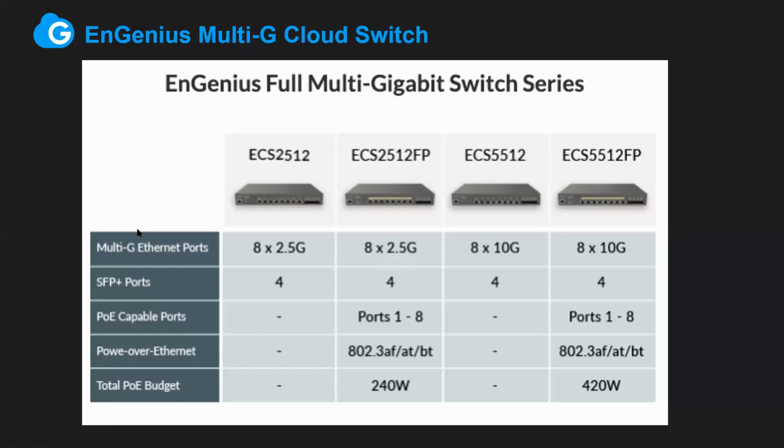And here we have the multi-gigabit switch series, which is the ECS2512, a non-PoE, and the ECS2512FP, which is PoE, the ECS5512, which is the 8-port 10G, non-PoE, and the ECS5512FP, which is the PoE switch.